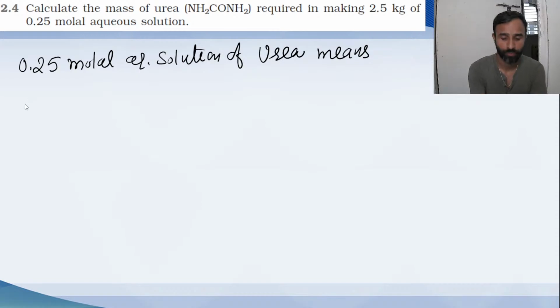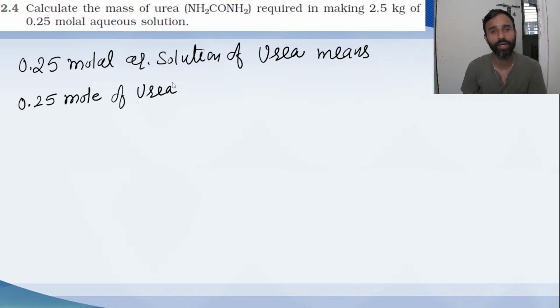0.25 molar aqueous solution of urea means 0.25 mole of urea in 1 kg of water, because in an aqueous solution the solvent is water.